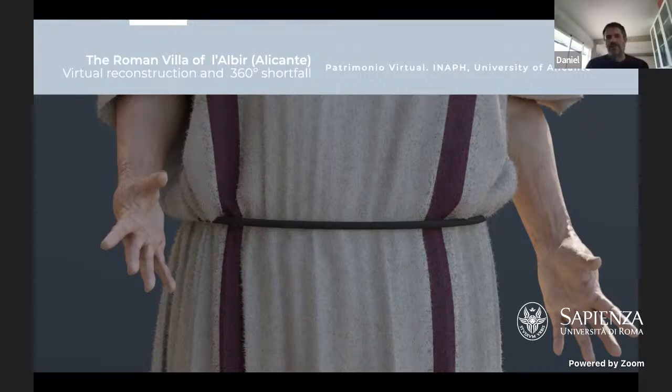On behalf of my colleagues and myself, I would like to share with you today the first results of an ongoing project that we have been carrying out for a couple of years already, whose aim is not only the 3D survey of the entire archaeological site, but also to produce a 360 degrees short film to valorize this important archaeological site and show people what day-to-day life was like in this Roman villa.